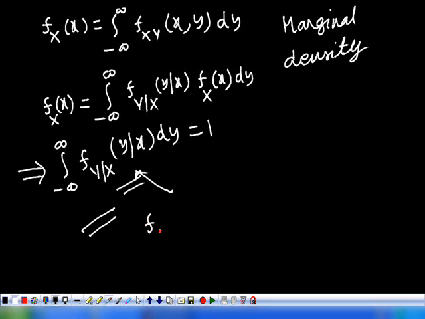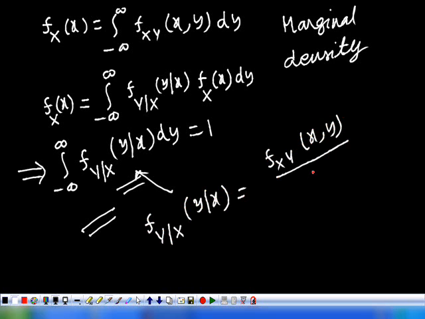Here you can also write the previous equation as fxy of x comma y equal to fy given x, y given x into fx of x. Is it? This is the previous equation.